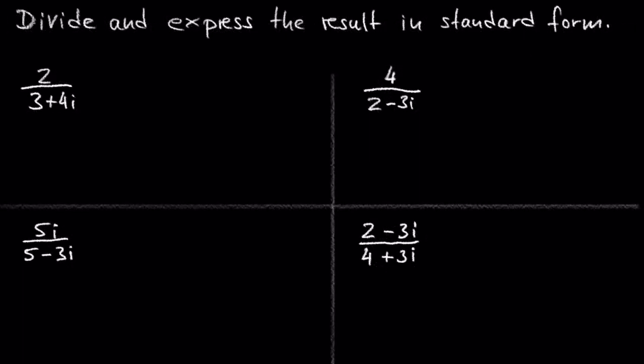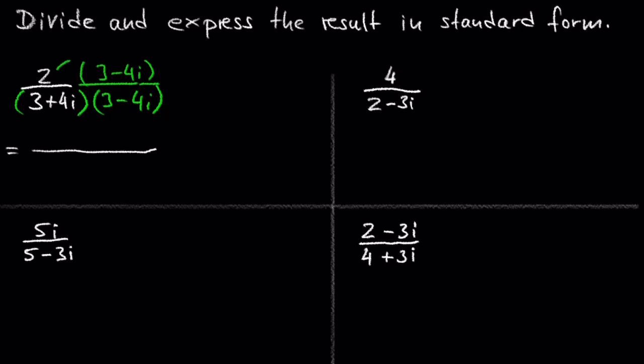Divide and express the result in standard form. The complex conjugate of 3 plus 4i is 3 minus 4i. 2 times 3 is 6. And 2 times negative 4i is negative 8i. 3 times 3 is 9.